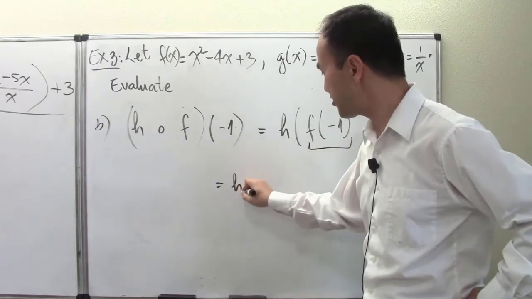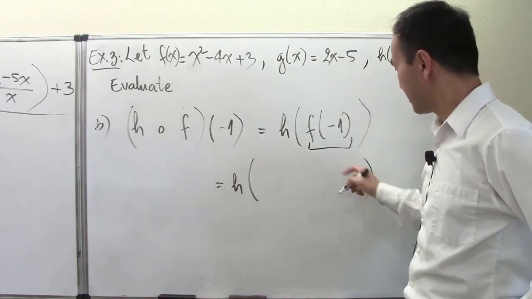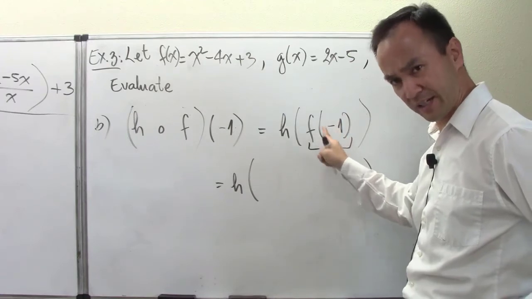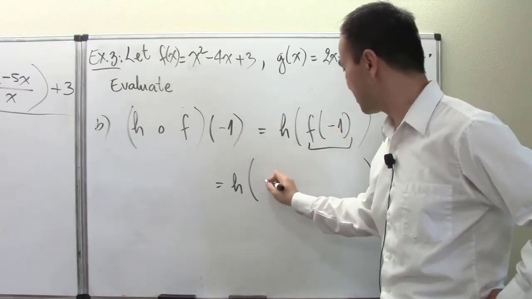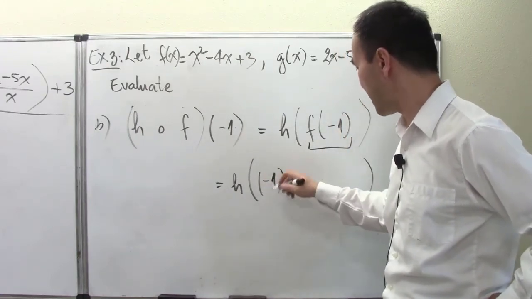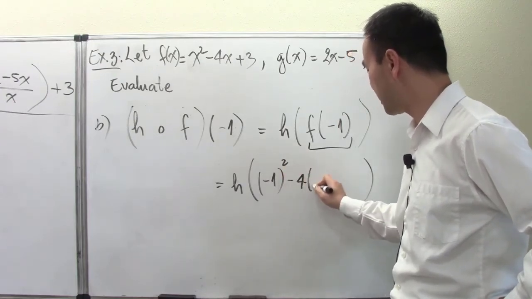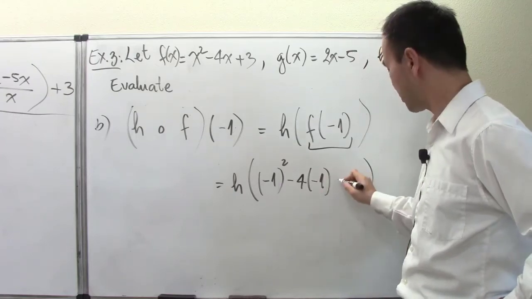The rule of the function f says for whatever input, because right now -1 is the input of the function f, we're going to square the input minus 4 times the input plus 3.